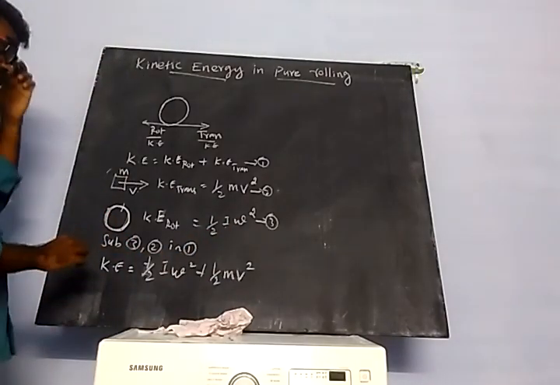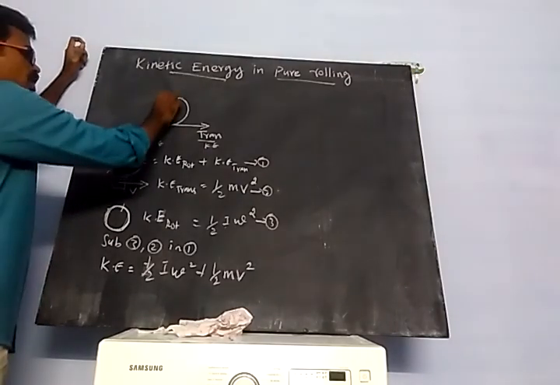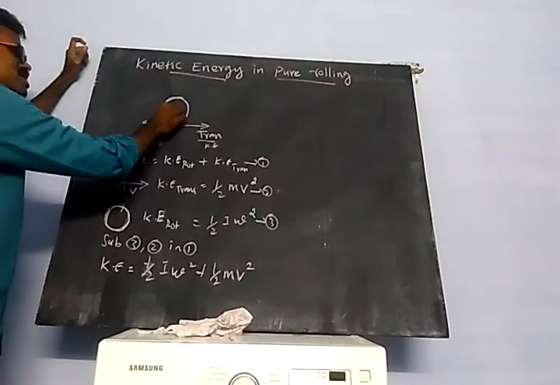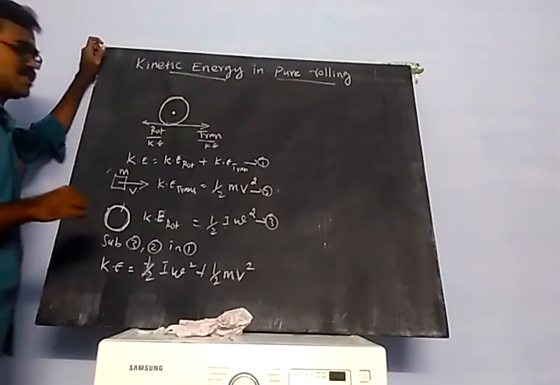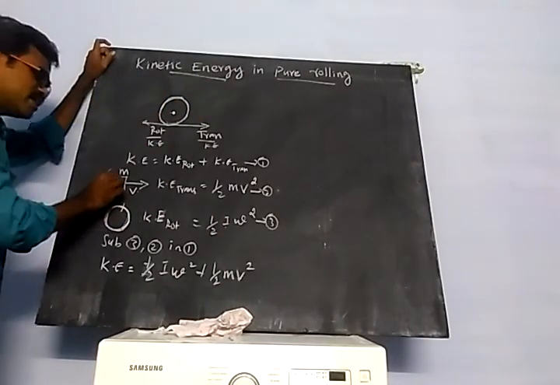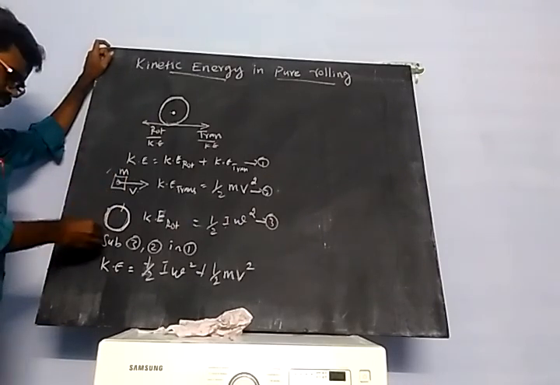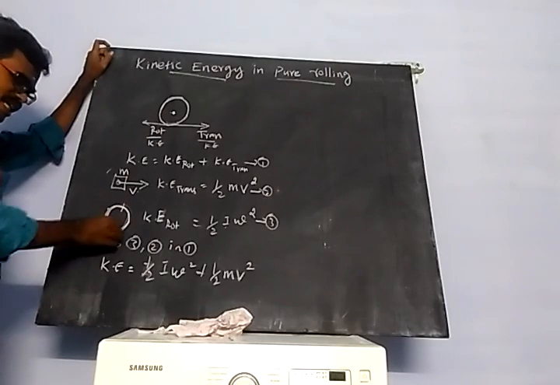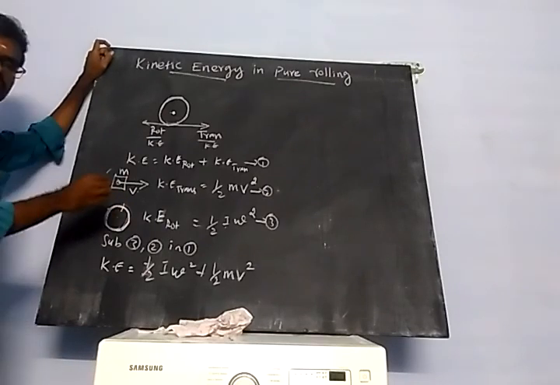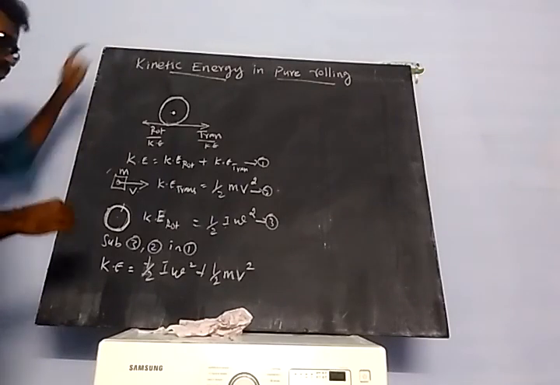Now, a rolling object depends upon the center of mass. If the object is moving in translational motion, it depends upon the center of mass, and if it is moving in circular rotational motion, it also depends upon the center of mass.